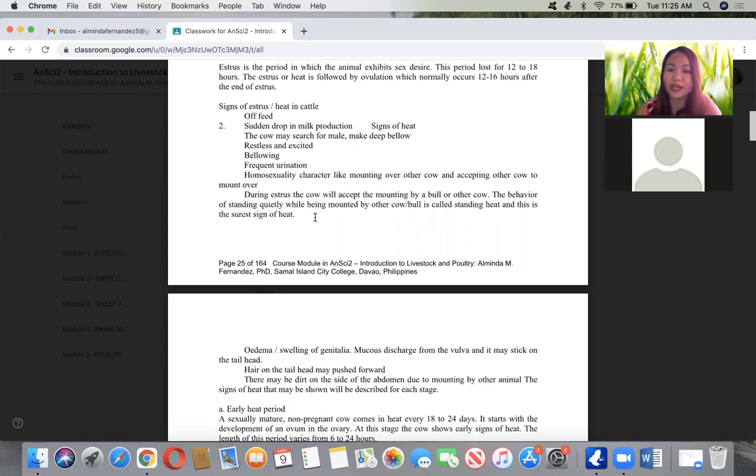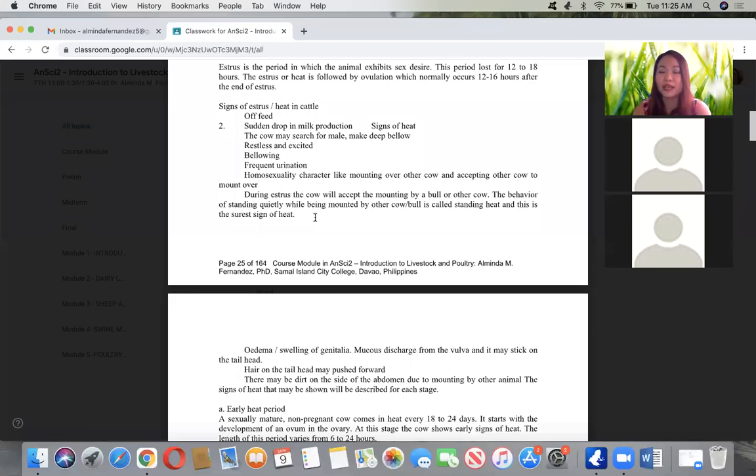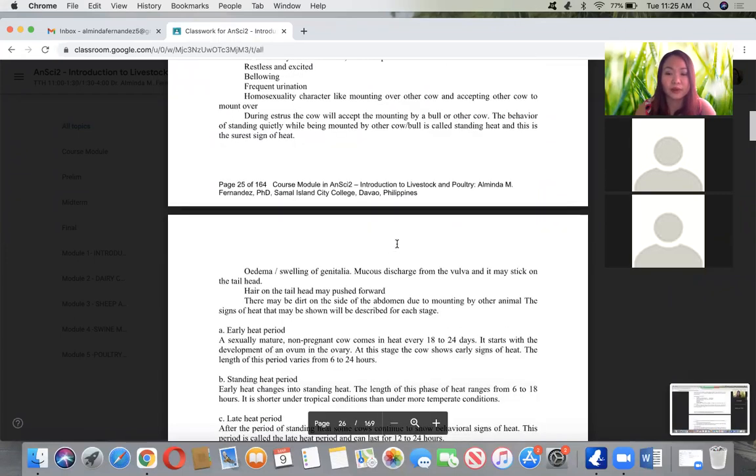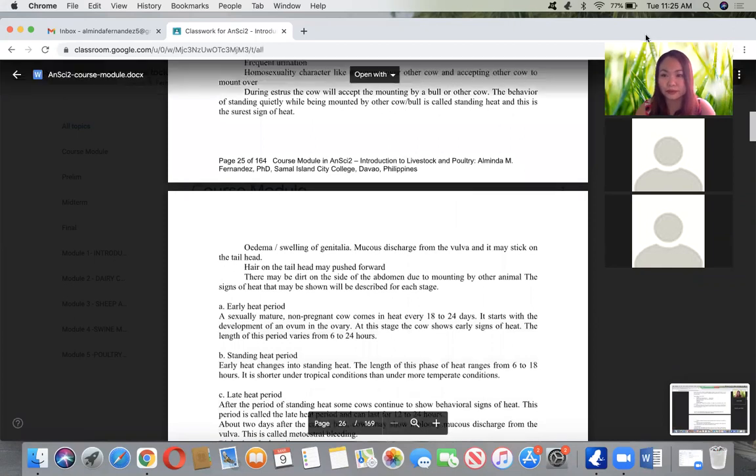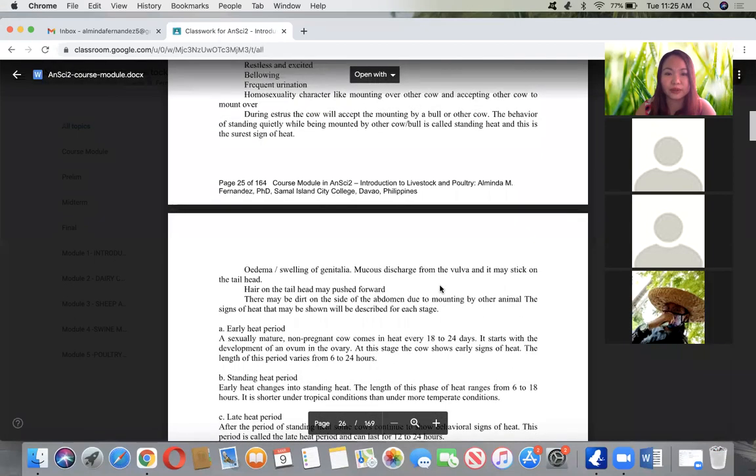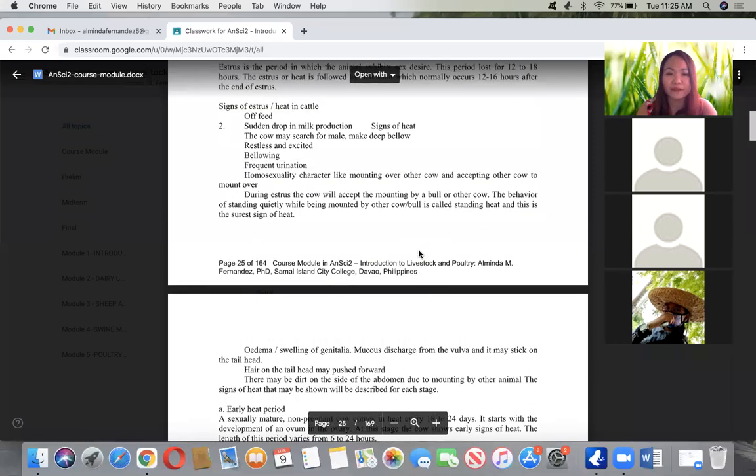So again, I've been talking about cattle and buffalo management in your module 2. To continue, now we know how to tell if the cattle is in heat or not.